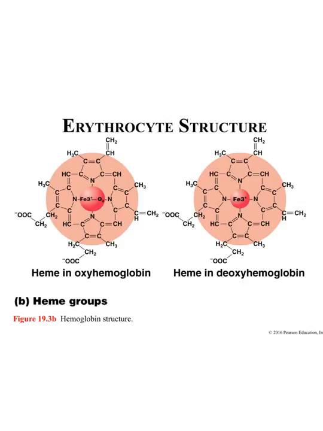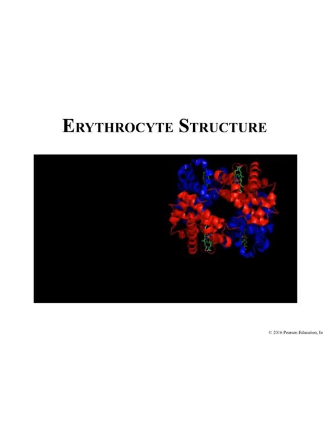Looking at these, I really don't expect you to know the chemical equation or anything like this in here. Really, all I want you to see is, again, that the core is iron, and oxyhemoglobin, notice that oxygen is bound. Deoxy is when oxygen has been unbound and is taken to the cells. Okay, erythrocyte structure.